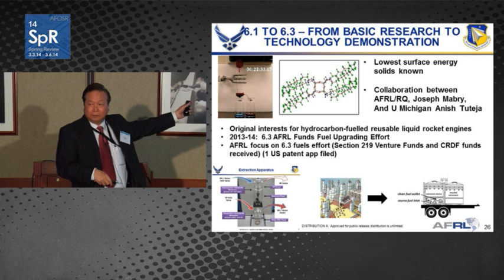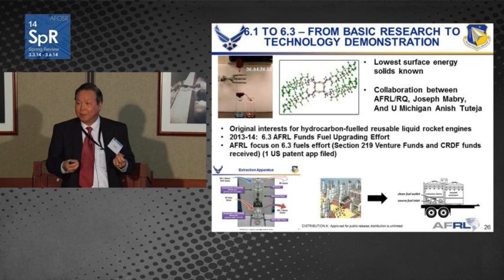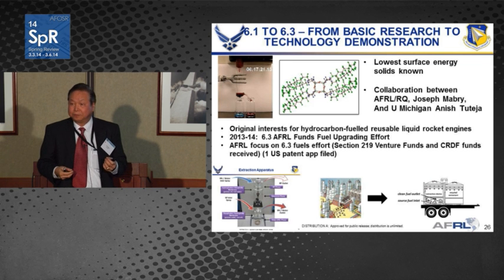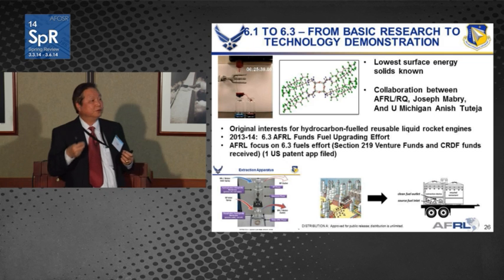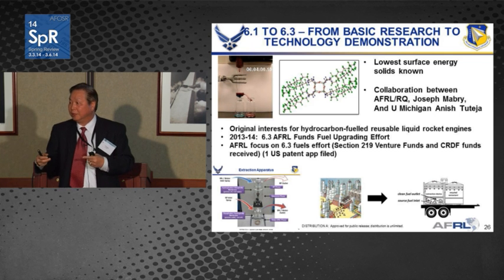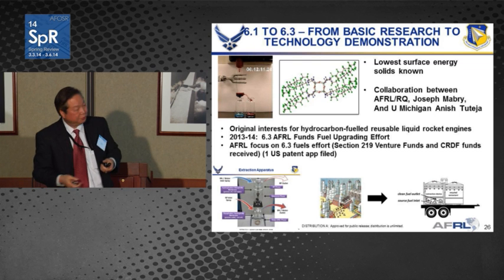So not only applicable to this, RX, the materials directorate, as well as RV, they are interested in using this for phase transition material for thermal management. Because right now, most of that is using water. If they would like to go to other liquid besides water.